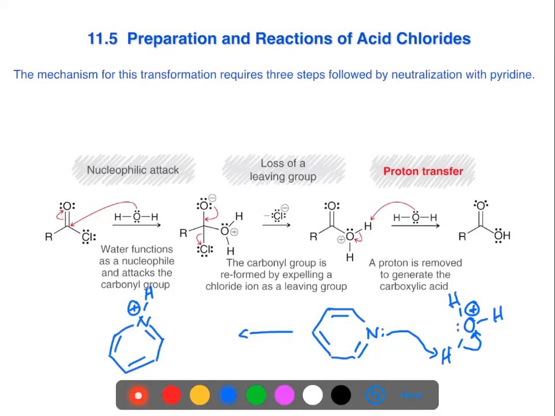Now this is useful because this will form a salt with this chloride. And so typically in this reaction, you'll form pyridinium chloride, which is a stable salt. And so this ensures that there's no acidity left over other than the final product, your carboxylic acid. And so we refer to this as a neutralization, where we're ensuring that there's no acidic protons left in solution.